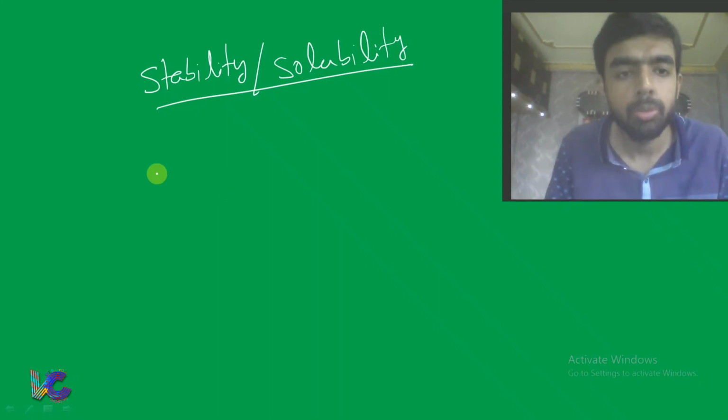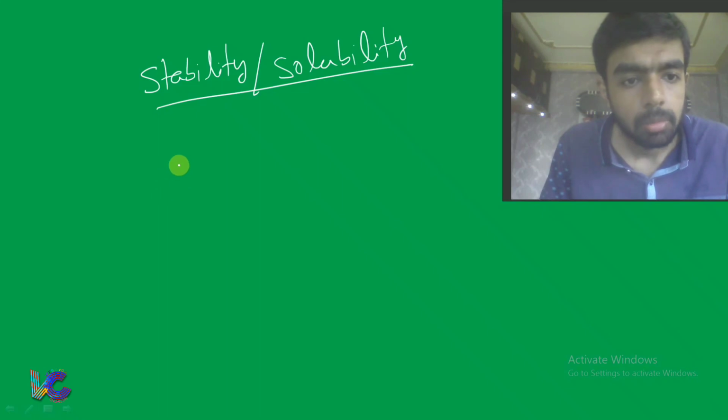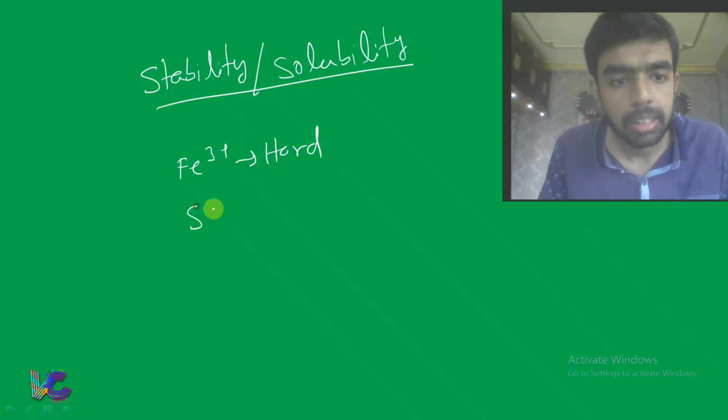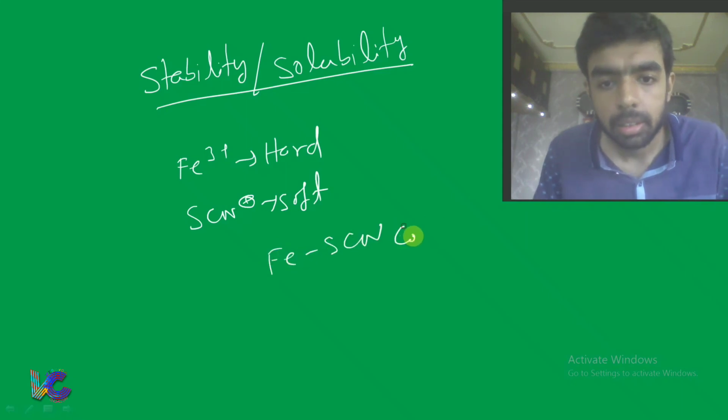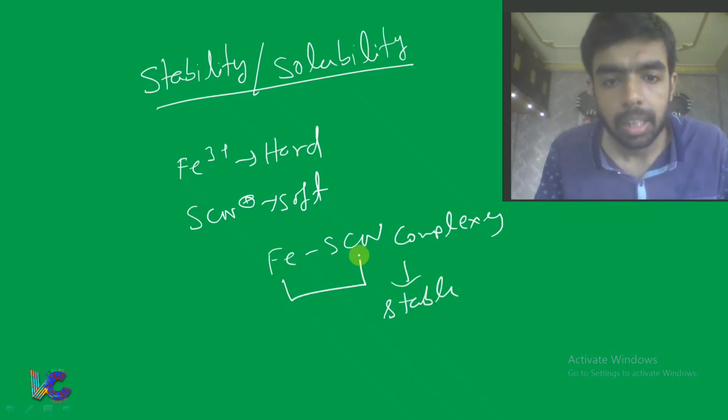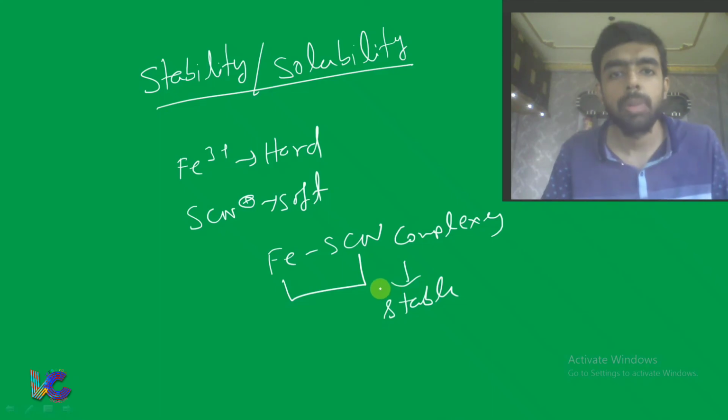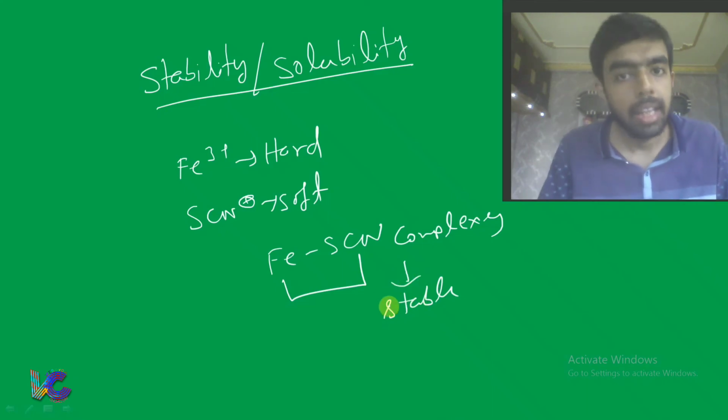and it is not a foolproof idea. If you know Fe3+, Fe3+ is very hard in nature and HCN- is soft. But if you see, the Fe-HCN complexes are stable in nature. That means hard and soft combinations are giving rise to stable complexes, which you cannot explain from the HSAB principle.